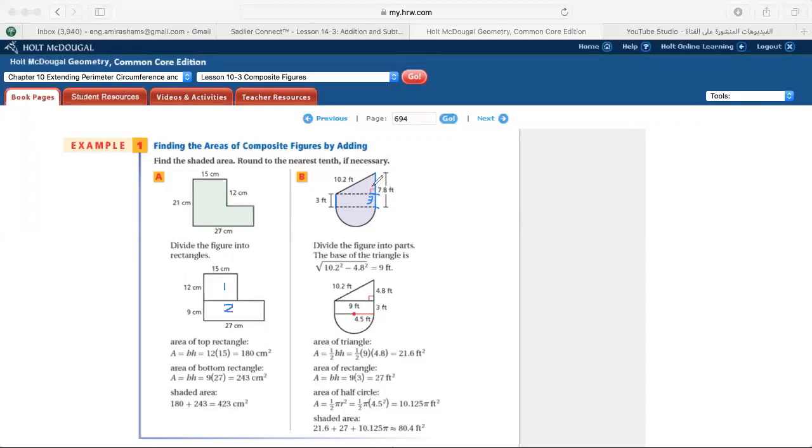So what about this part? This part is 7.8 minus 3, which is equal to 4.8. So this part is equal to 4.8. Let me shade it in red.